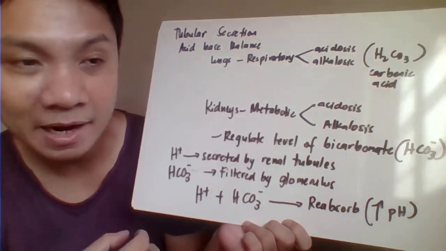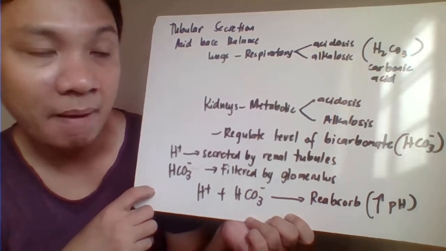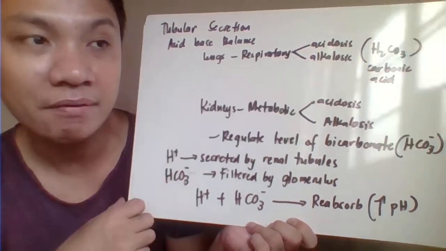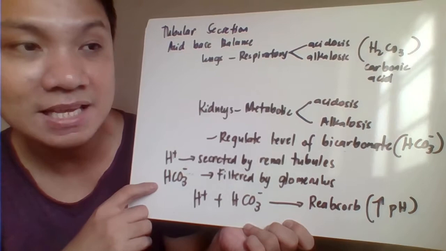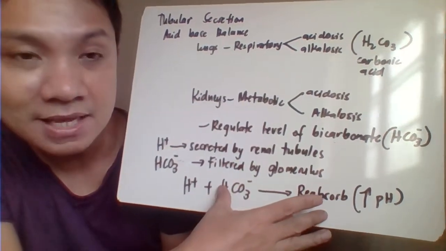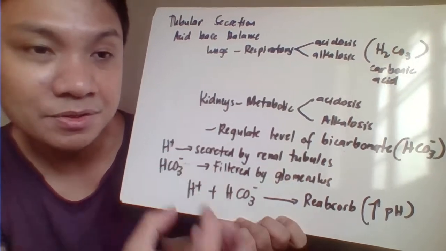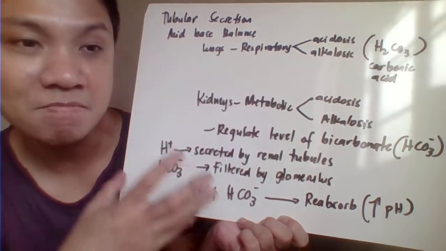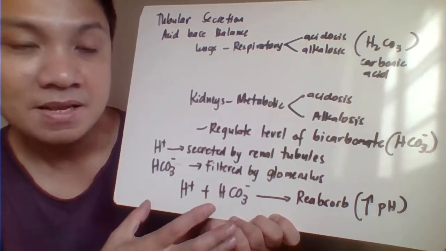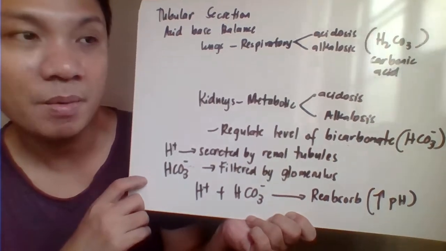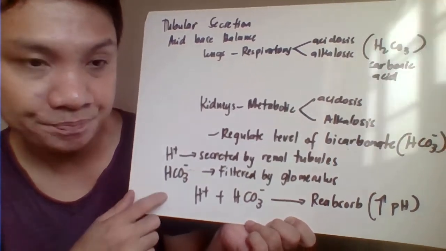Kailan niya i-reabsorb ang bicarbonate natin? Pag may problem ka in your lungs in the form of respiratory acidosis. Sobrang acid dito, kaya kailangan mo mag-alkaline dito. Therefore, you need to reabsorb the bicarbonate. So reabsorption of bicarbonate by your kidney helps to correct the problem in your lungs in the form of respiratory acidosis.